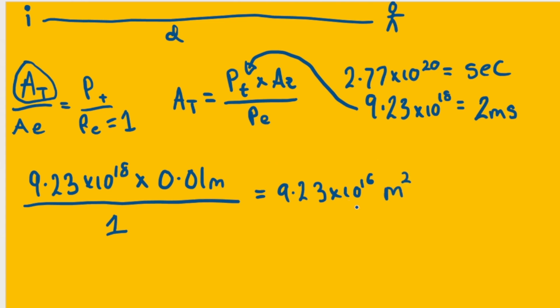Okay, so now that we've got this is our total area that it's spread out in, but we want to find the distance here. So how do we find that? Well, we know it's a sphere, not a circle, and the equation of surface area for a sphere is 4 pi r squared. We know 4 pi r squared is equal to 9.23 times 10 to the 16. So now we can rearrange. So what we want to do is divide by 4 pi.